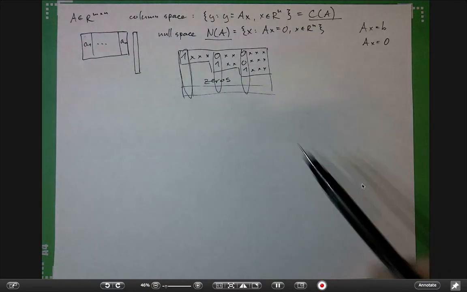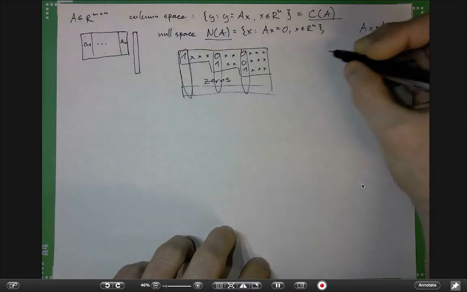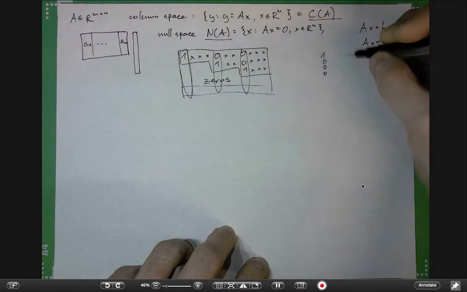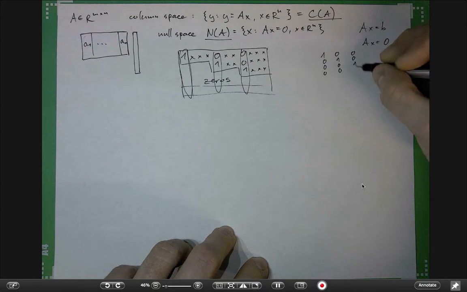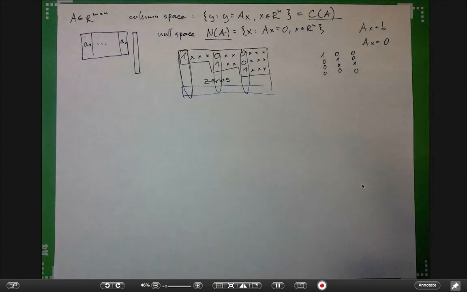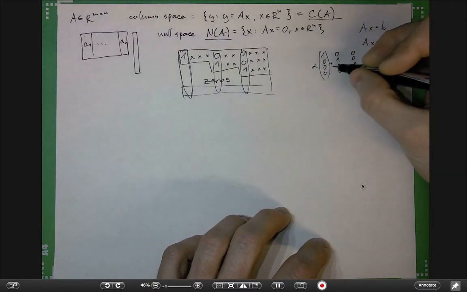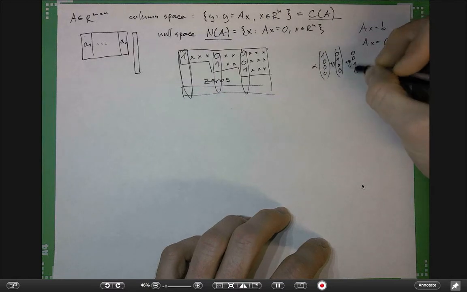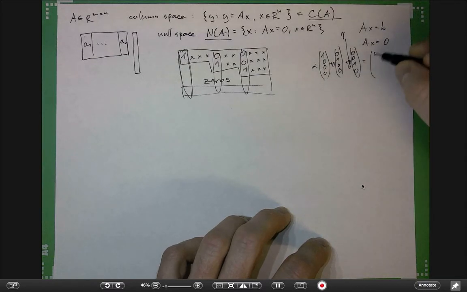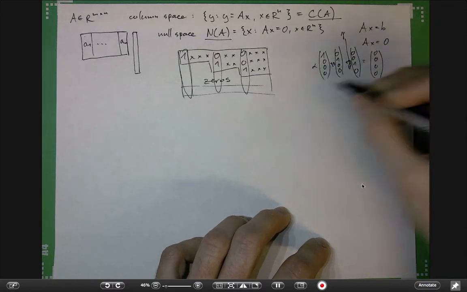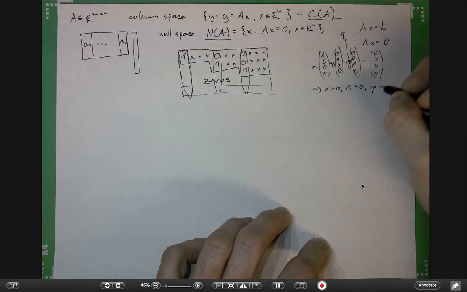It's easy to see that these vectors are indeed linearly independent, right? Because if I take vectors 1, 0, 0, and 0, 1, 0, and 0, 0, 1, it should be obvious that these are linearly independent. Because if I do the test, with coefficients alpha, beta, and gamma, and say this has to be 0, then obviously this implies from the first equation that alpha has to be 0, beta has to be 0, and gamma has to be 0, right?